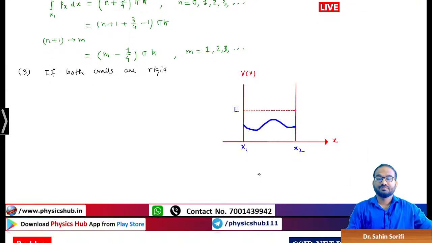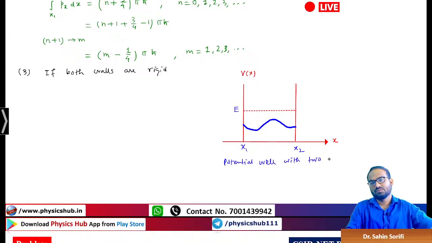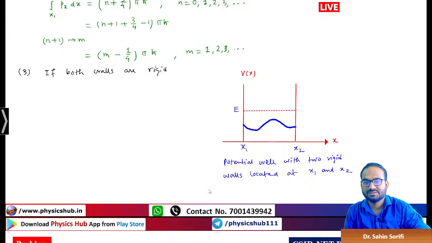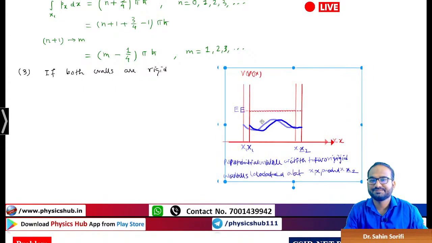So this is about a potential well with two rigid walls located at x1 and x2. So for this case, what are you going to have?